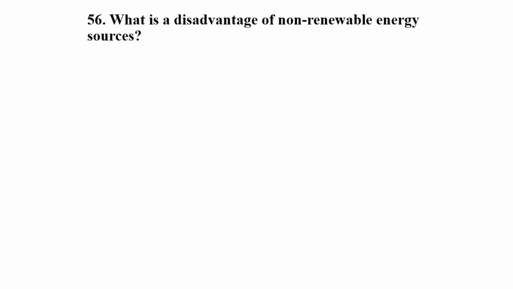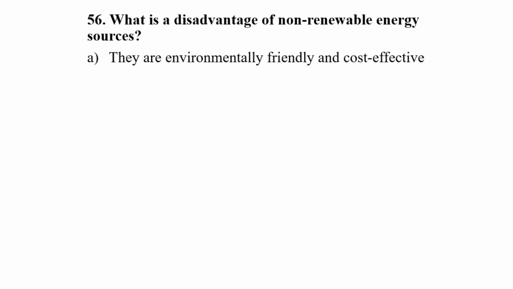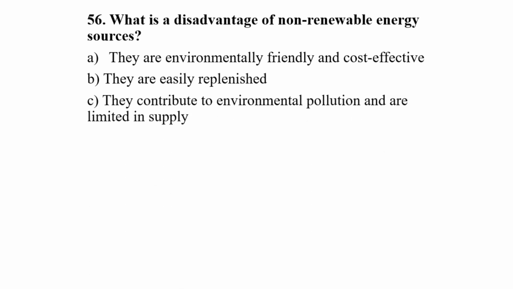Question number 56. What is a disadvantage of non-renewable energy sources? A. They are environmentally friendly and cost effective. B. They are easily replenished. C. They contribute to environmental pollution and are limited in supply. D. They are sustainable over long periods.